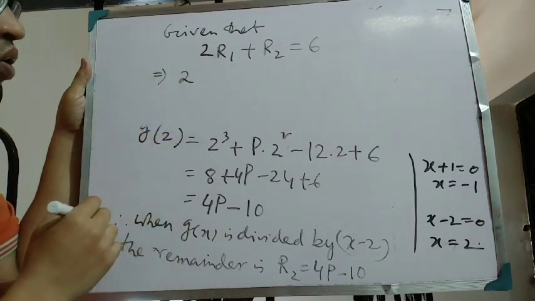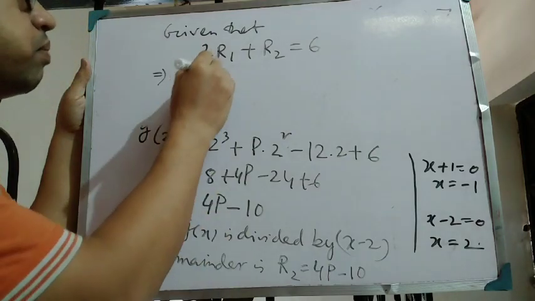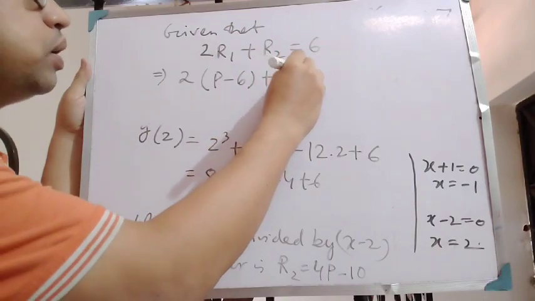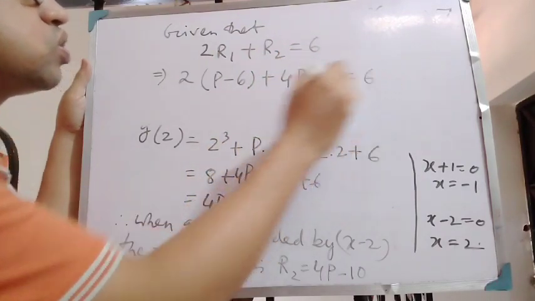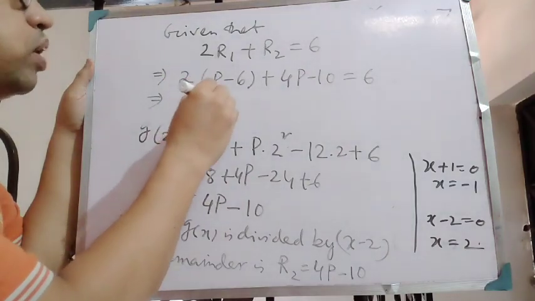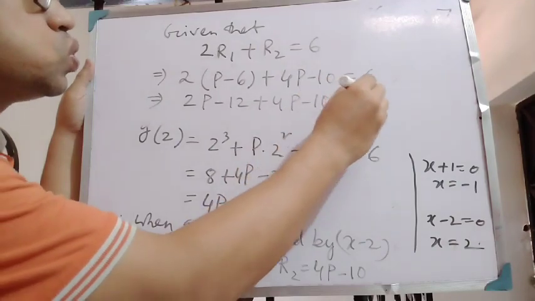So 2 into R1, which you have written as p minus 6, substitute the value, plus R2 as 4p minus 10, which equals 6. So find the value of p from here: 2p minus 12 plus 4p minus 10 equals 6.